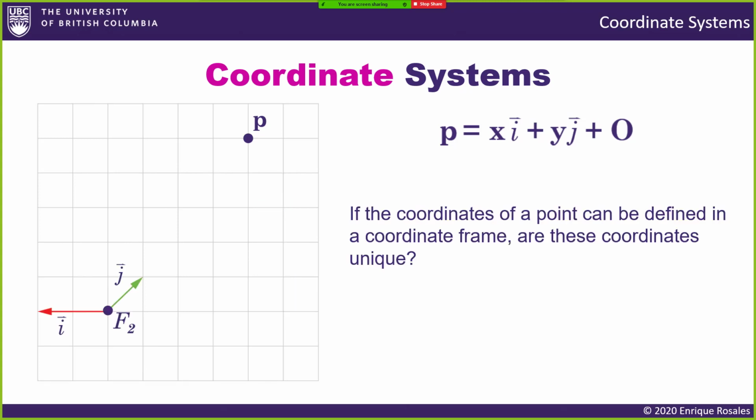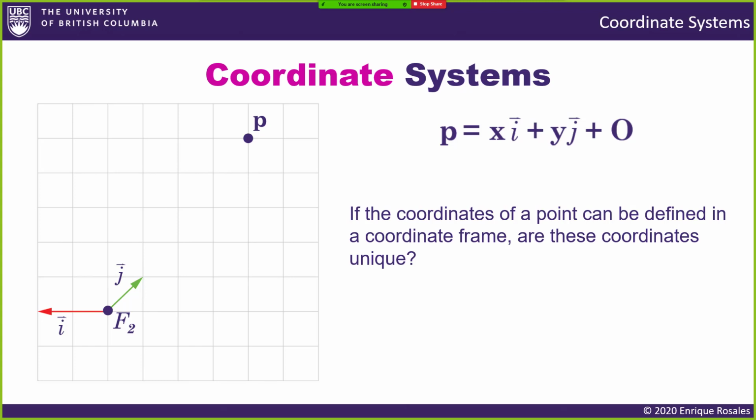Okay, another question for you. If the coordinates of a point can be defined in a coordinate frame, are these coordinates unique? What do you think? Think about it. If P is in the space, the space is not collapsed and P is inside the space.